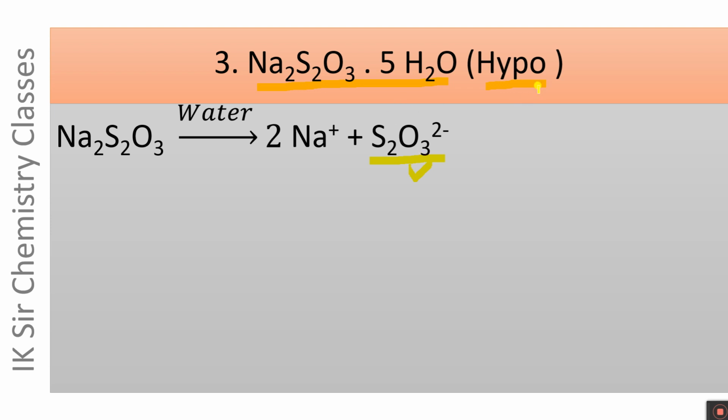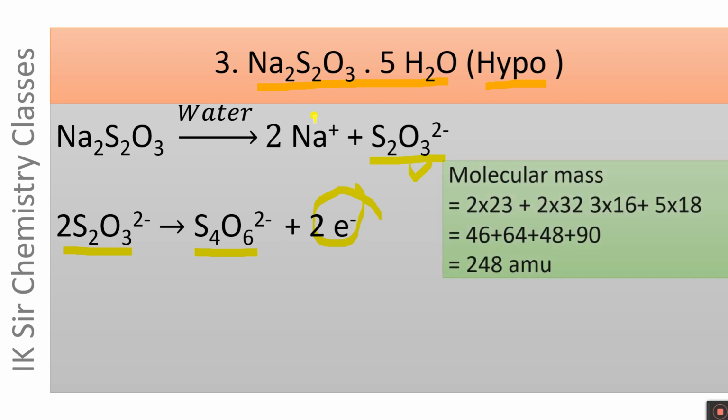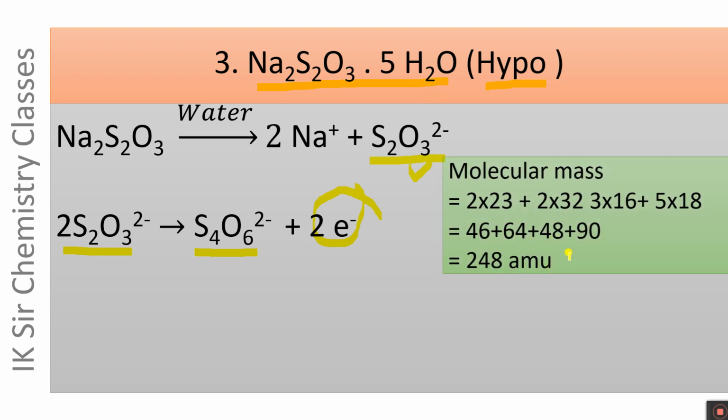And when hypo acts as a reducing agent, the thiosulfate ion is oxidized to tetrathionate ion by losing 2 electrons. The molecular mass of hypo is 248 amu. S2O3 2- is thiosulfate ion, and S4O6 2- ion is tetrathionate ion.